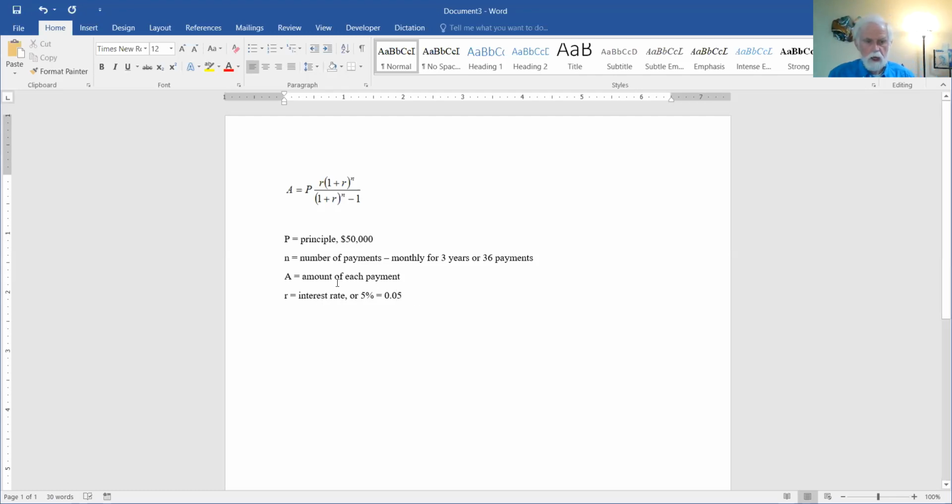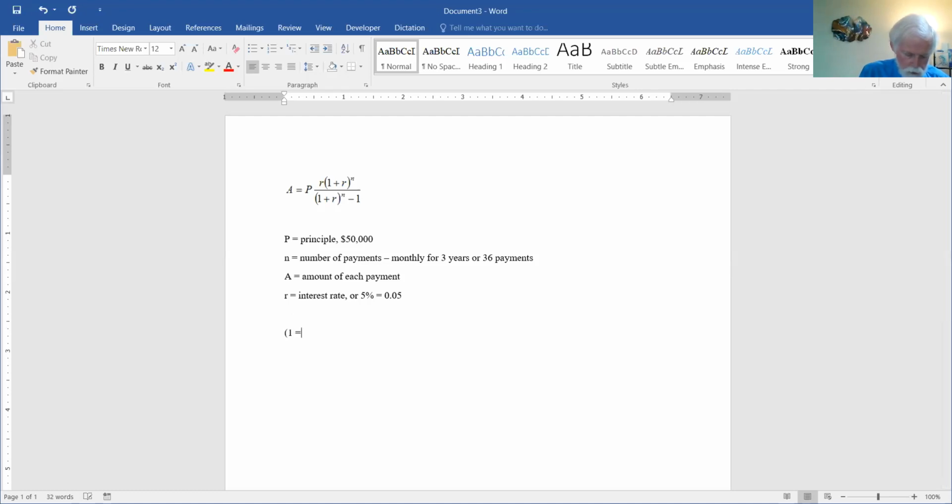We can't use percents in these equations. Percents are just a nice way to express a decimal number as a whole number or as a larger number. So that's 5%.